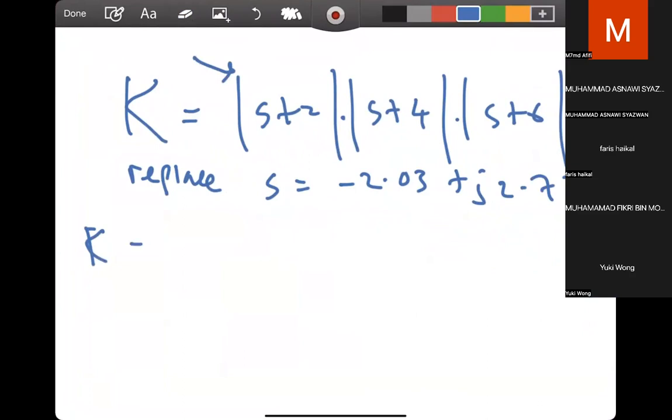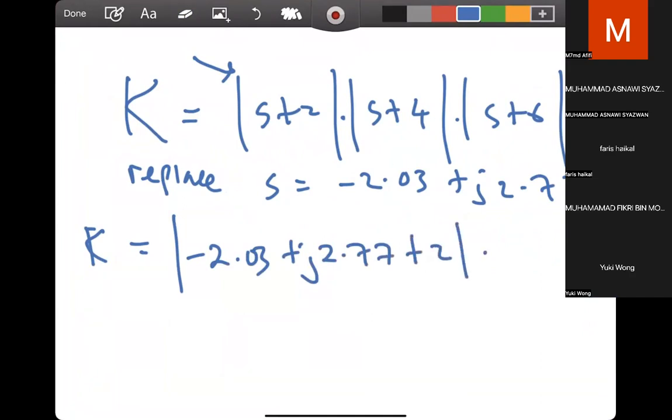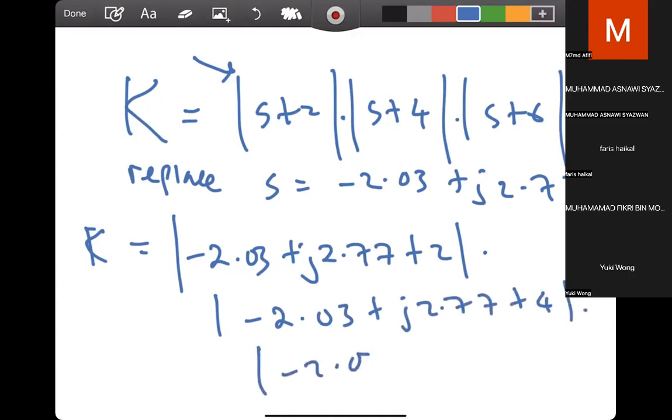Liana, Camelia. Symbol apa itu? Absolute ke doktor? Absolute. Magnitude. Oh, magnitude. Okay. The magnitude of minus 2.03 plus J 2.77 plus 2, then minus 2.03 plus J 2.77 plus 4, and minus 2.03 plus J 2.77 plus 6.